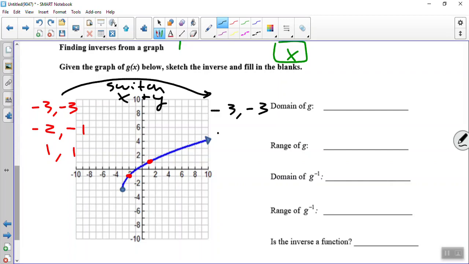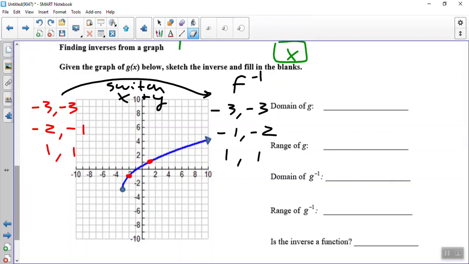So this middle point is going to help us the most. All right, so if this is f inverse. Excuse me, this is supposed to be g. G and G. All right, so -1, -2 is here. So it's really just going to change the shape.